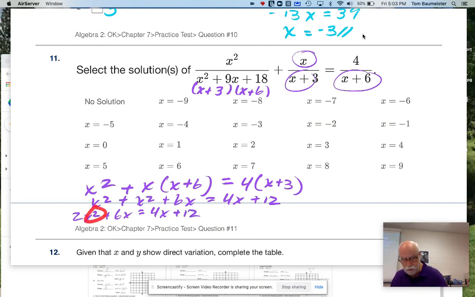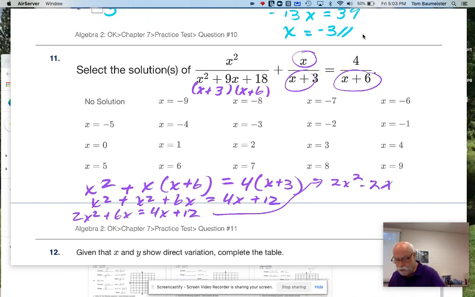Again, since I know I have a squared there, I'm going to bring everything over to one side of the equation, set it equal to 0. So let's go over here. I'm going to have 2x squared. I have 6x. I move that 4x over, it's going to become negative. So 6x minus 4x is minus 2x.